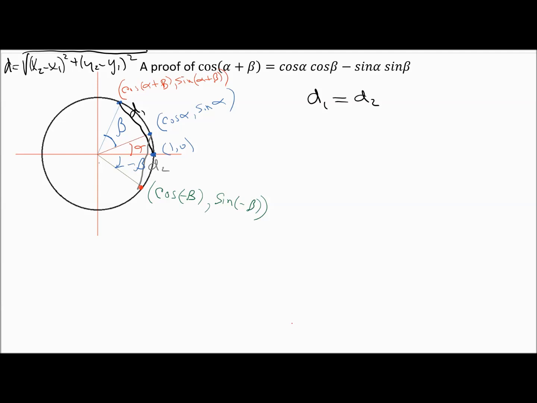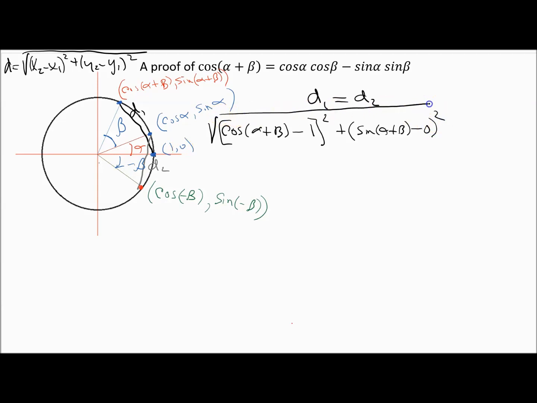So D1, I'm going to say, is the square root of (x2, which is cosine of alpha plus beta, minus x1, which is 1) squared, plus (y2, so that's sine of alpha plus beta, minus y1, which is 0) squared.